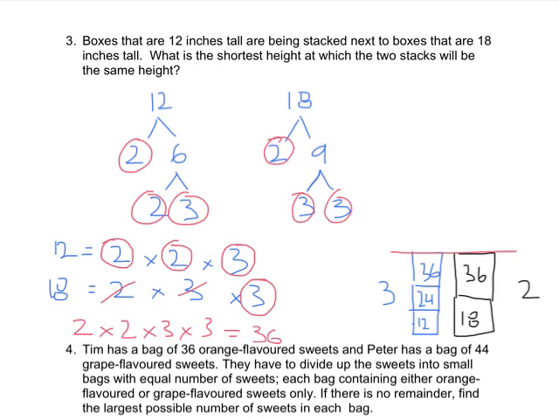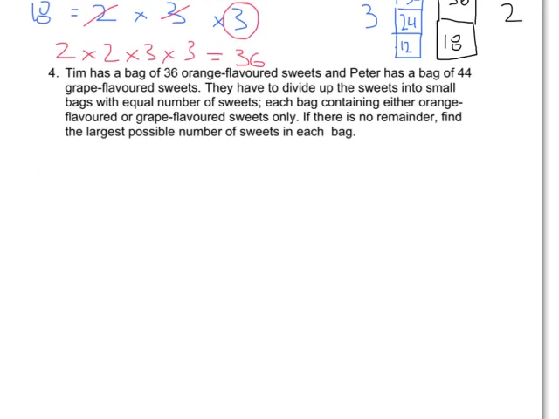Okay, last one of the day here. And let's see if we're going to use the LCM. Let me write it down here. LCM or GCF. Let's see what this problem is. Okay, Tim has a bag of 36 orange flavored sweets, and Peter has a bag of 44 grape flavored sweets.